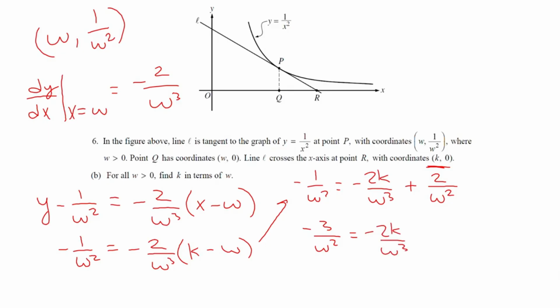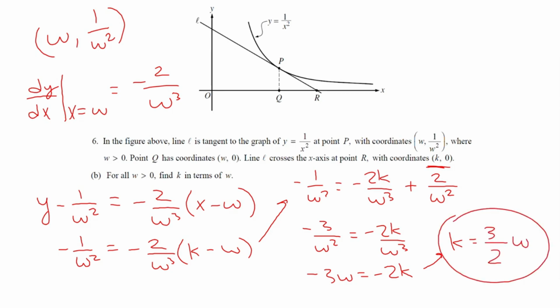We'll multiply by the w cubed, which gives us negative 3w equals negative 2k, or k is equal to 3 over 2 times w. And they gave you 2 points for that, 1 for this equation down here relating w and k, and 1 for the value.